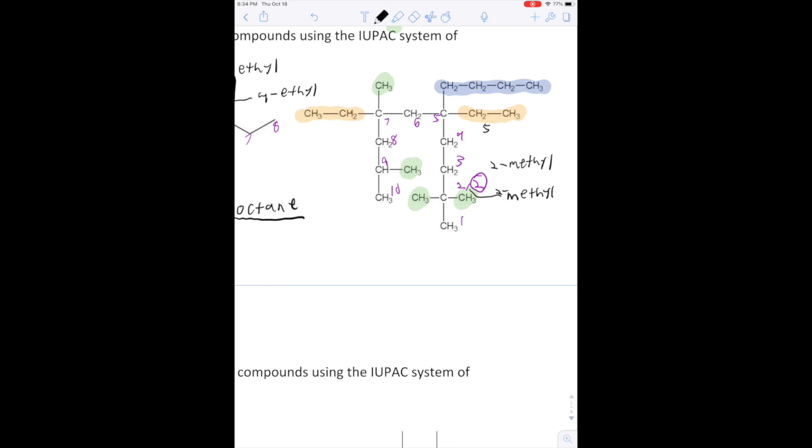On carbon 5, there's an ethyl. On carbon 5, there's a butyl. Carbon 7, there's a methyl. And on carbon 7, there's an ethyl. And on carbon 9, there's a methyl. Guys, got that? Sorry for my sloppy handwriting.